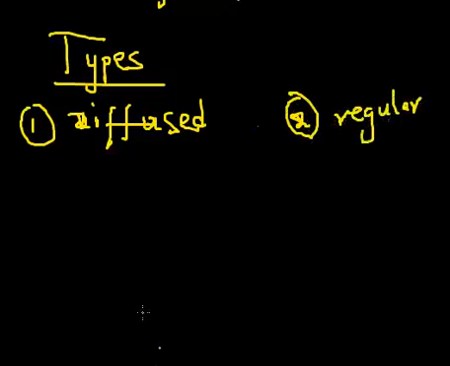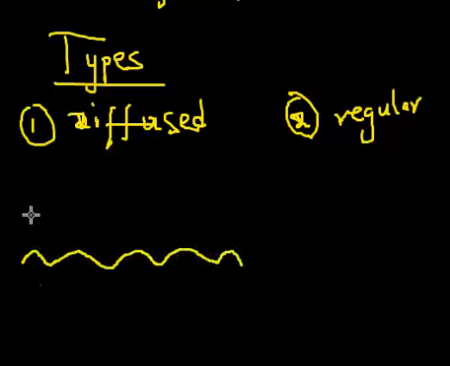Now, when do we have diffuse reflection? We have diffuse reflection when the surface that the rays of light hit is not smooth.